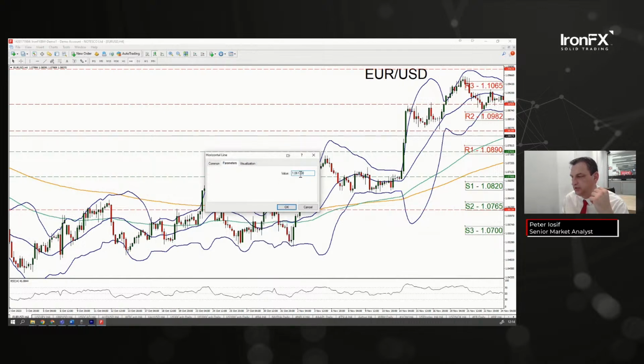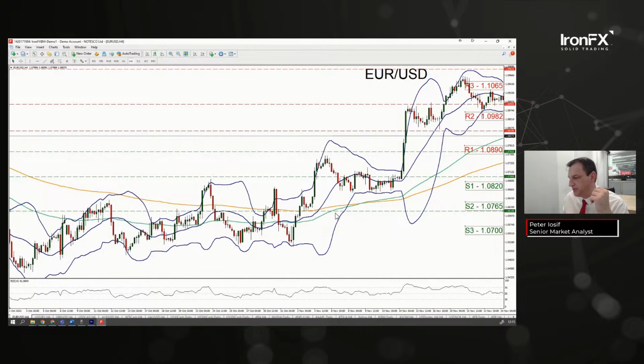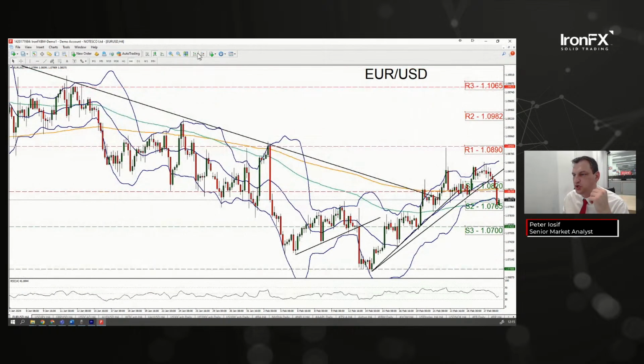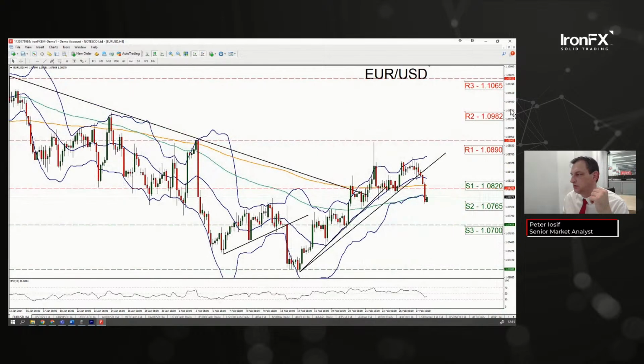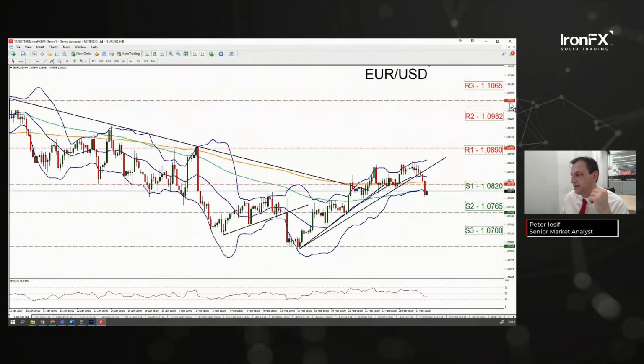And that would be the 1.0615. Maybe 1.0610. Yep, that's better. Okay, let's readjust the chart. Let's correct also the labels.